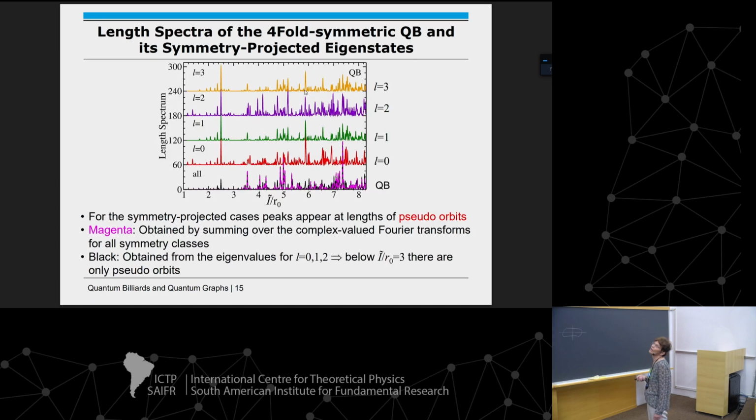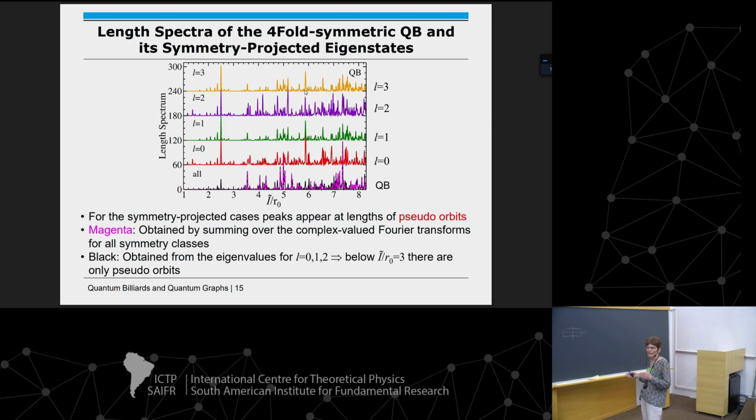In the next example, I also want to show length spectra. Martin will talk about this, so I just show them here for the quantum billiard, where I take all levels. The black one is obtained by taking the eigenvalues for L equal to 0, 1, and 2. The magenta one is obtained by summing up over the complex valued Fourier transforms. The length spectrum is a Fourier transform of the fluctuating part of the spectral density, so it's a complex valued function.